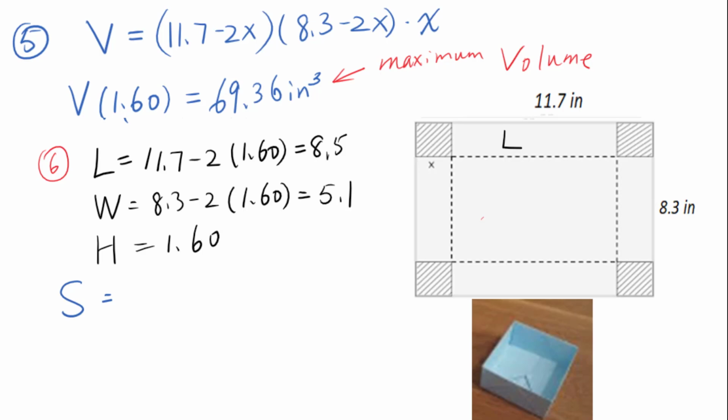Imagine we fold this paper into this open box. For the bottom surface area equals 8.5 times 5.1, then plus the sides, these two, 5.1 times the height 1.60, multiplied by 2.